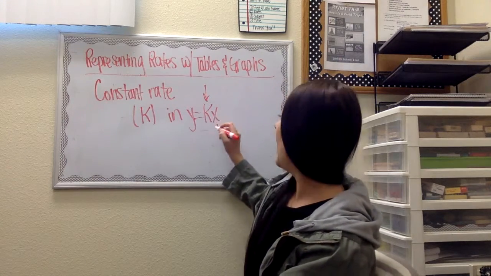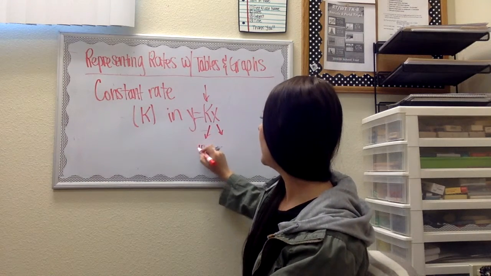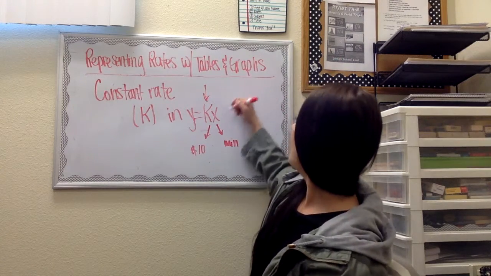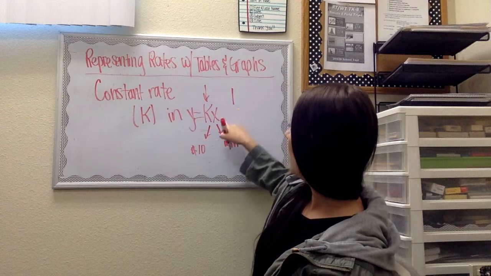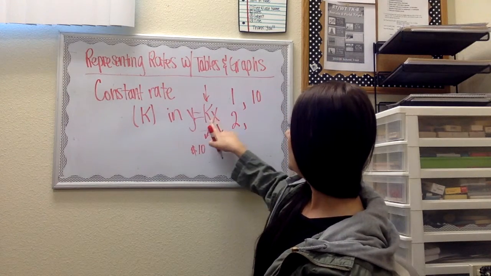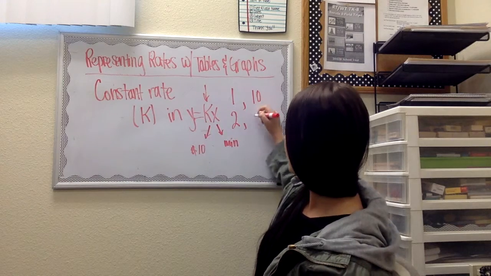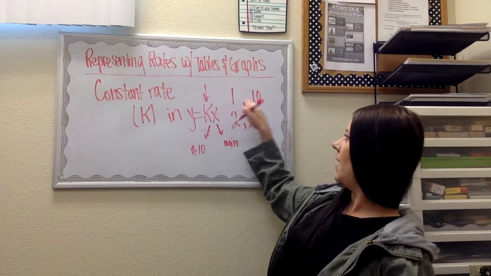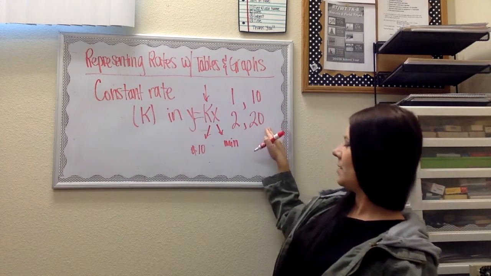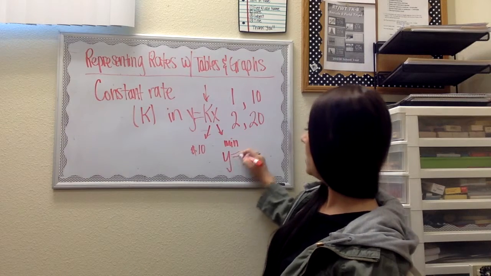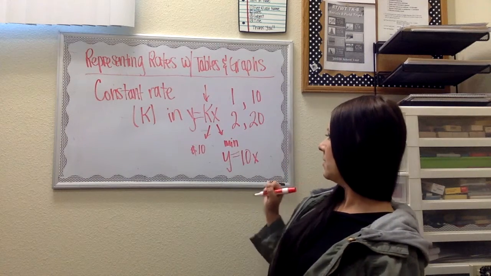If I have k as $10 per minute, if I put 1 in, 1 times 10 is 10. If I put 2 in, 2 times 10 is 20. You see this relationship where 1 minute I get $10, 2 minutes I get $20. And this situation would be written like this: y equals 10x.